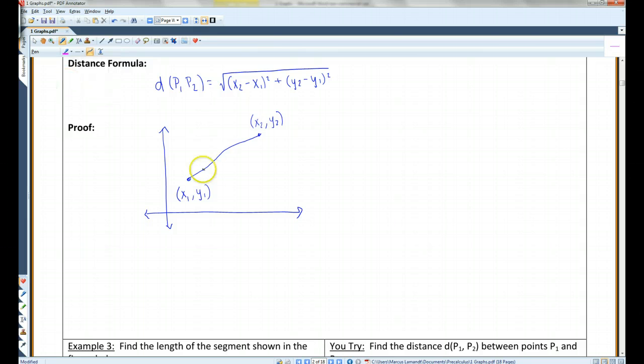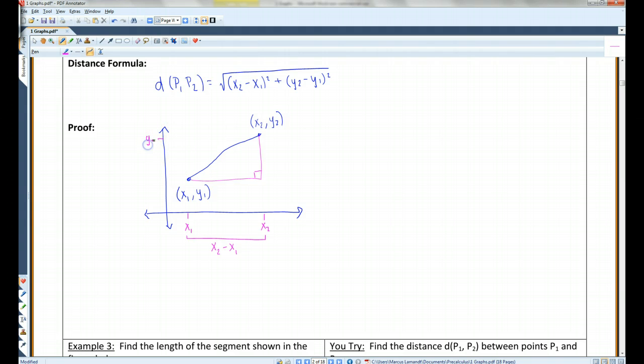Let's use a different color. Okay. I want to find this length and this length. If this here is x1 and this is x2, then this distance is going to be x2 minus x1. Okay?